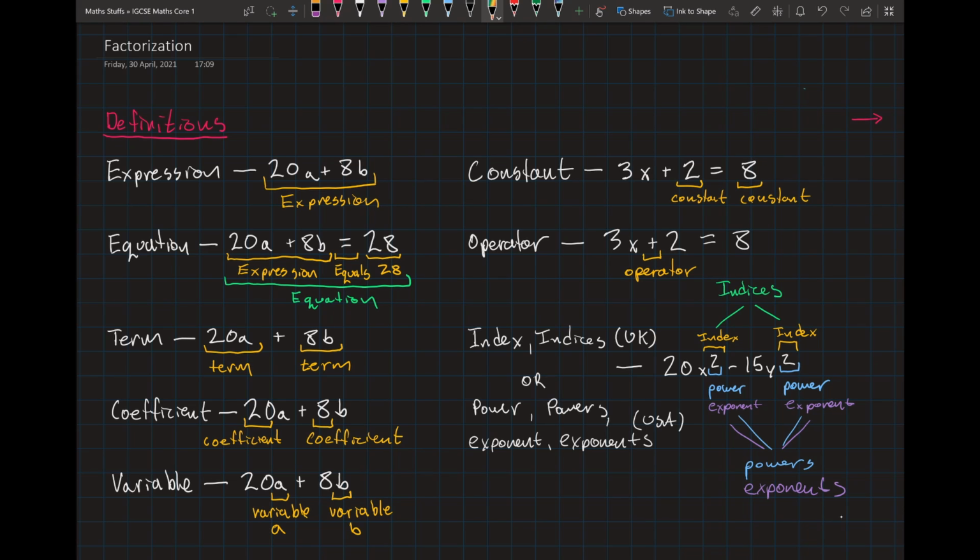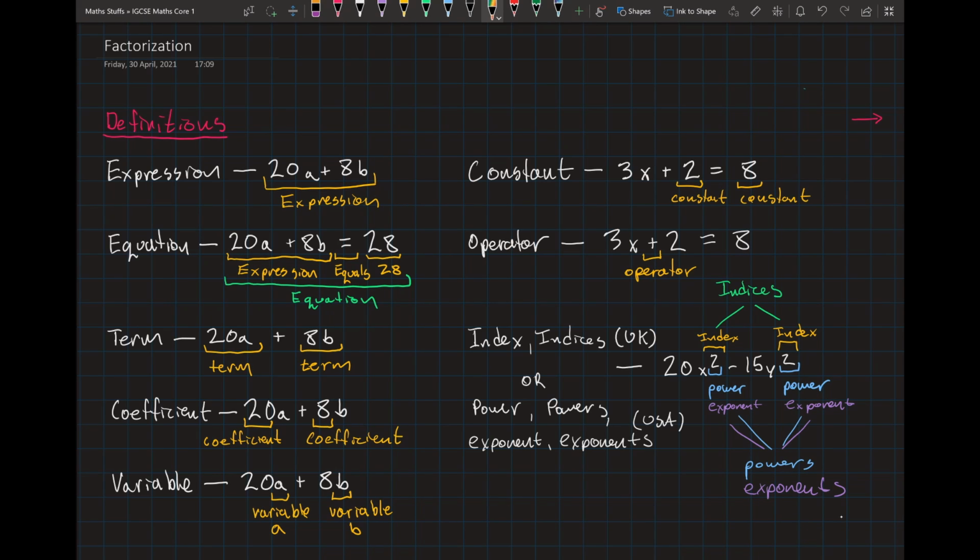Alright, moving on to the next one right here. We're looking at constant. So I've changed the equation now just to have more constants in it. So in this case, we're looking at 3x plus 2 equals 8. Alright, so in this case, this equation has two constants.